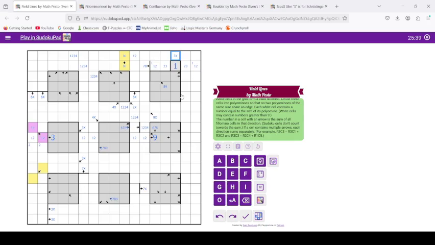Amazing deduction. Does that mean that this one is broken to be a 2? If this is a 2, then this could either be a 3 this way, or it can be a 3 over here. If this is a 2, this one has to be a 3, that's for certain. And it can either take its last one here or here.